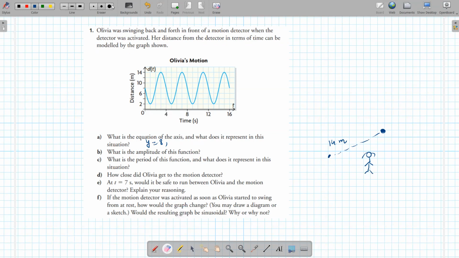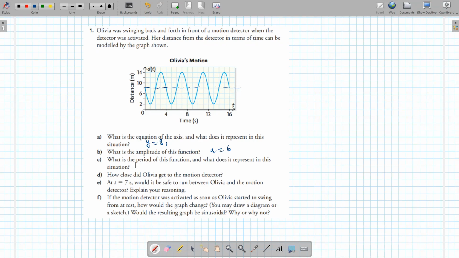What is the amplitude of this function? Now that's pretty simple. We know this is 8. So what's the amplitude? 6. 6 is right, yes. What is the period of this function? Four. 4 is right.